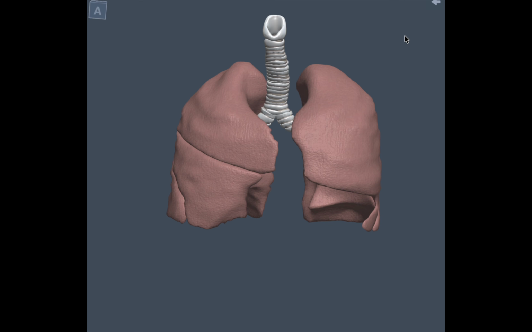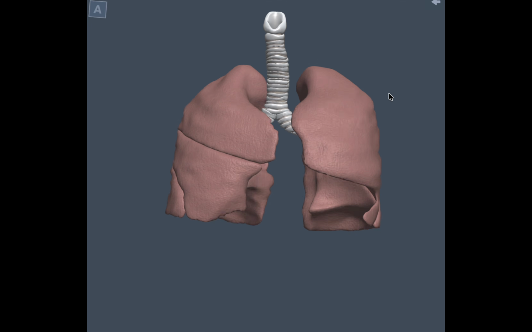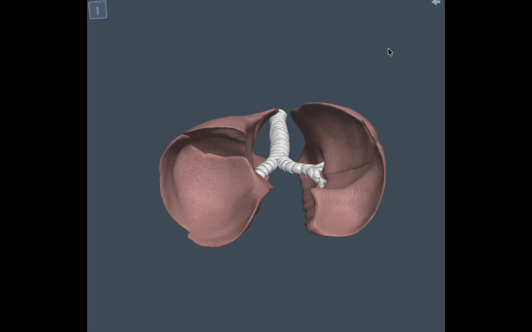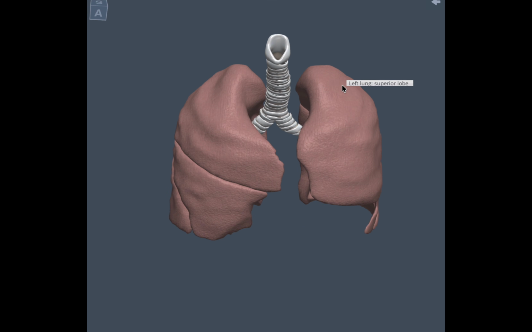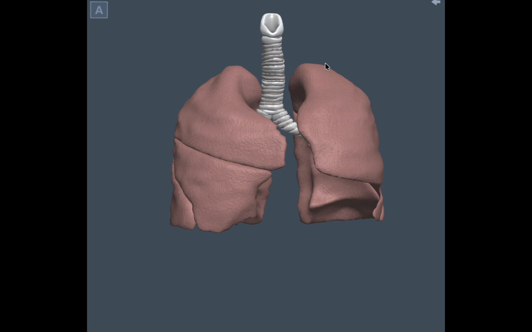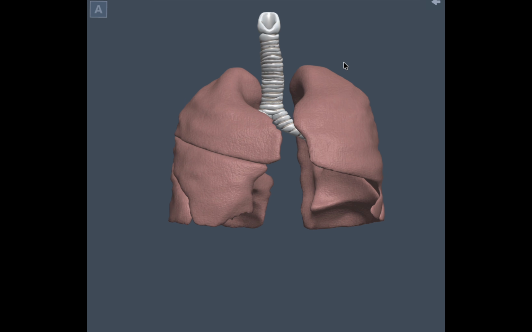Now, both your lungs are gonna share some common features. You've got the base. The base is the part of your lungs that rests on the diaphragm, and the apex of your lungs is the part that directly rests above your clavicle. Now, you might notice that this is kind of the inverse of what we'd expect to see by the heart, and that's a really important distinction to make.